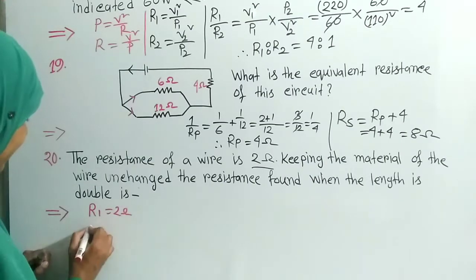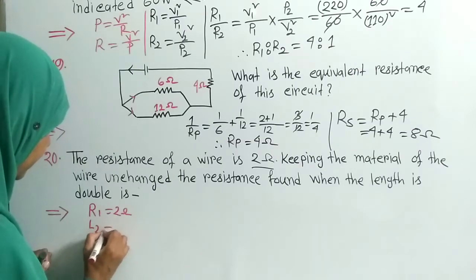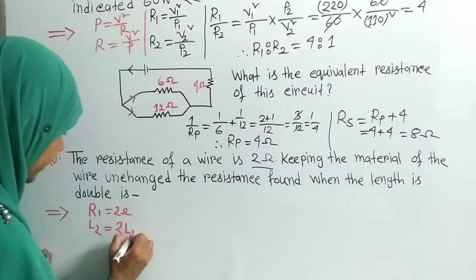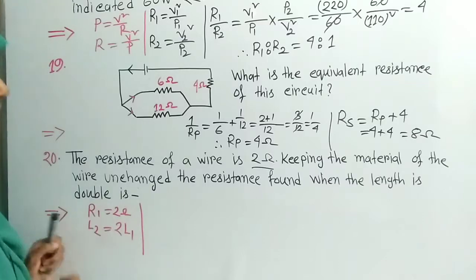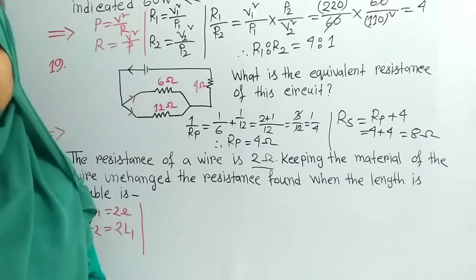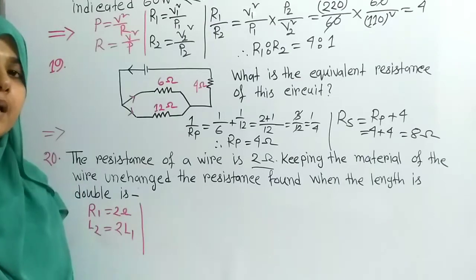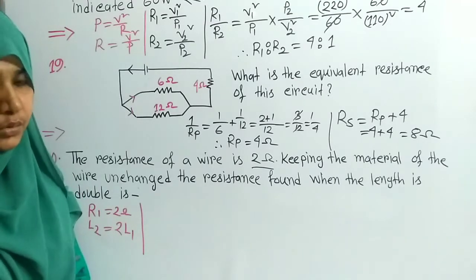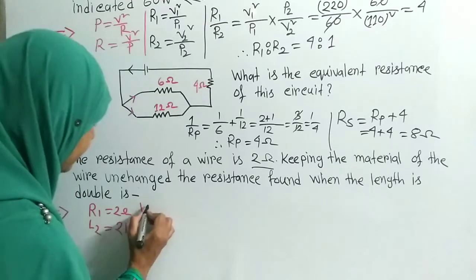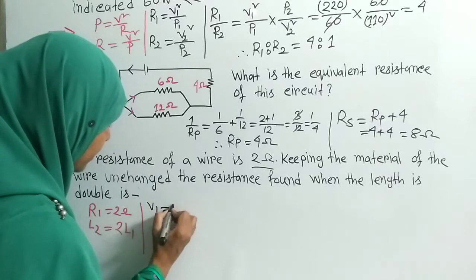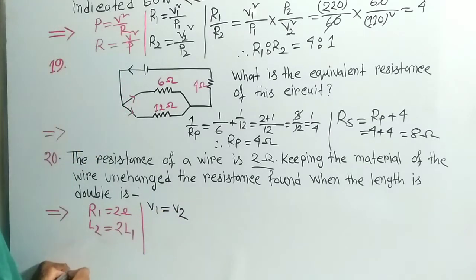That means we can say that L2 is equal to 2 L1. Now as the material is unchanged, the volume of the wire will be unchanged also. So we can say that volume V1 is equal to V2.